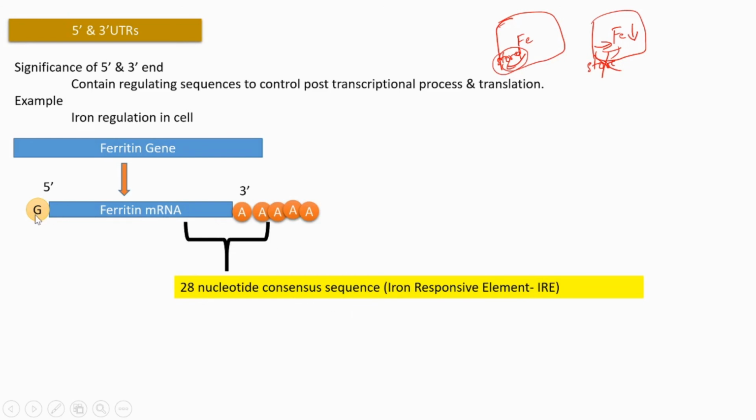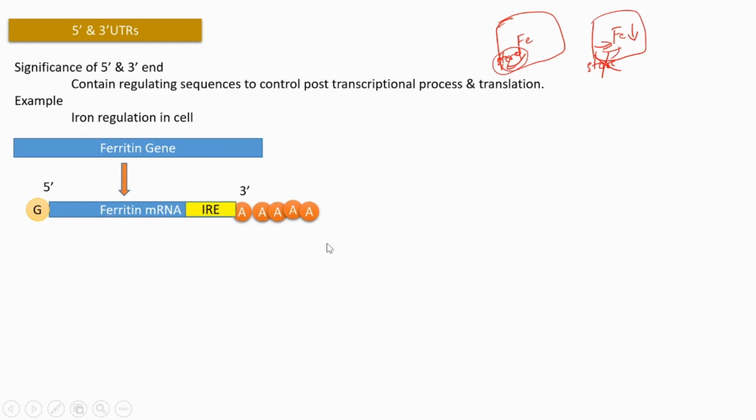It may be in the 5' or in the 3' end. That sequence is called the iron responsive element, IRE. It is present here in the ferritin mRNA's 5' or 3' end, a 28 nucleotide sequence.